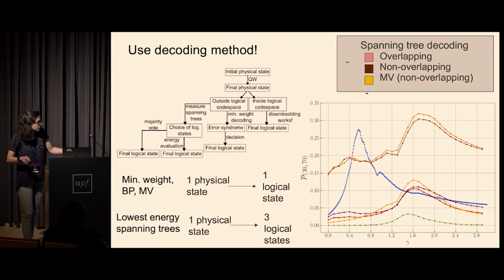On the other hand, with the lowest energy spanning trees, even if we have just one physical state, depending on the energy in your original optimization problem and the value that it gives when you substitute in the values, you can end up in 3 possible different logical states. And this is where the effect of the decoding method lies.